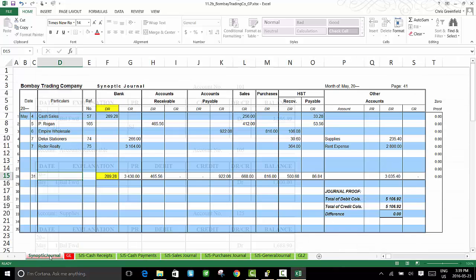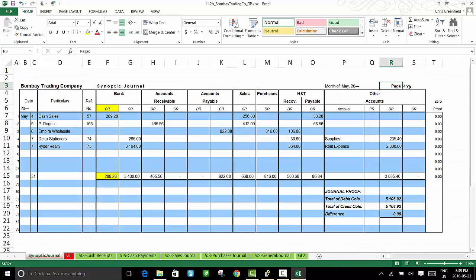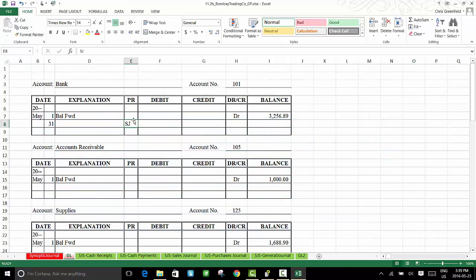And if you look, it is from page 41. So in the GL, we're going to put in SJ 41 so that we know where that came from. The first entry we have is for $289.28.